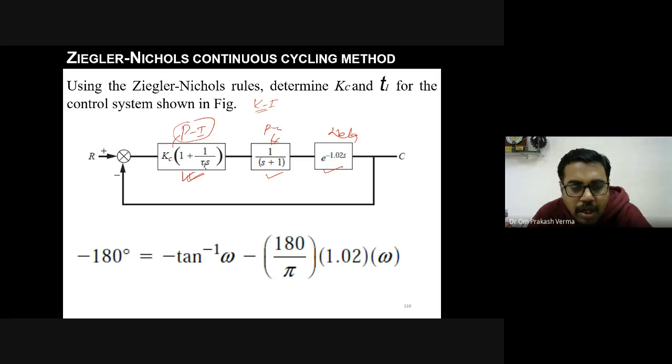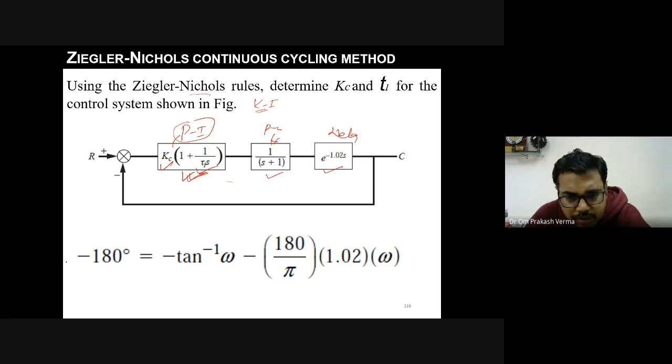Now you have to find the PI setting. PI setting means if you want to apply only the PI controller to control this system, you have to calculate the values of Kc and tau I with the help of the Ziegler-Nichols method.